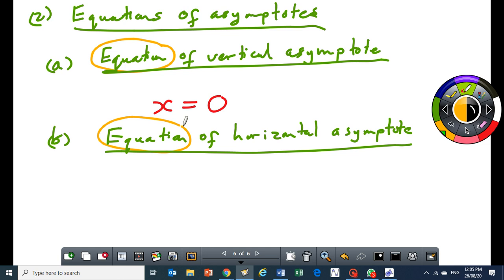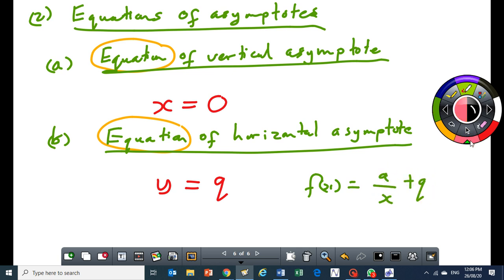Okay? So, the equation of the horizontal asymptote is written in terms of y. So, it's y equal to q. Okay? It's y equal to q. For now, don't worry about the q. But remember, the general form is f of x equal to a over x plus q.